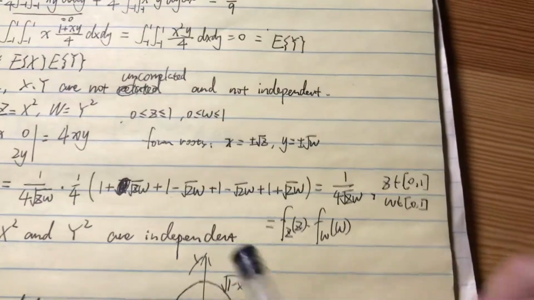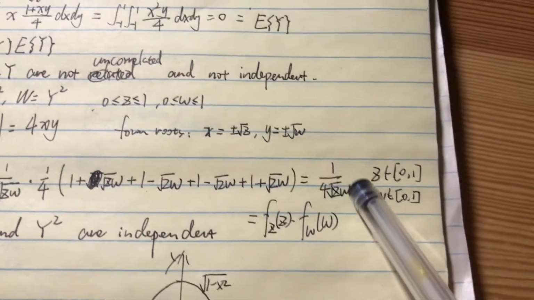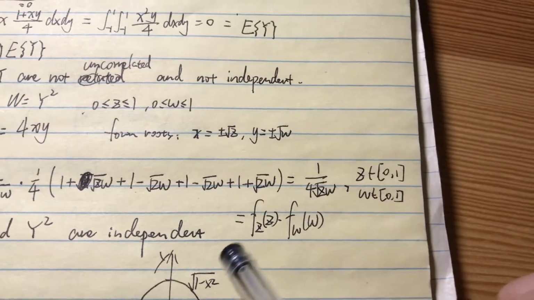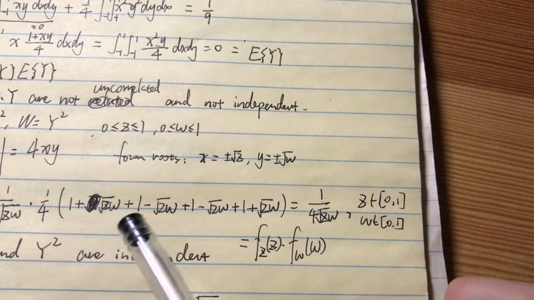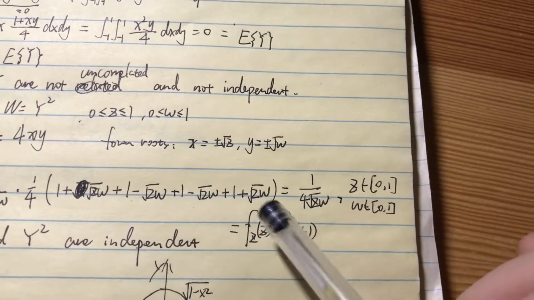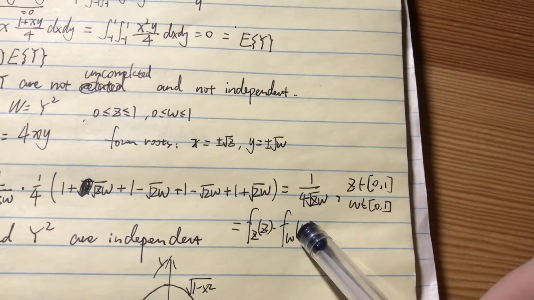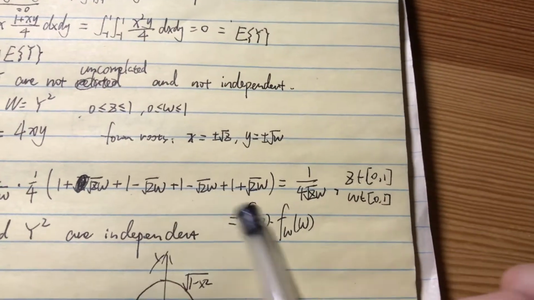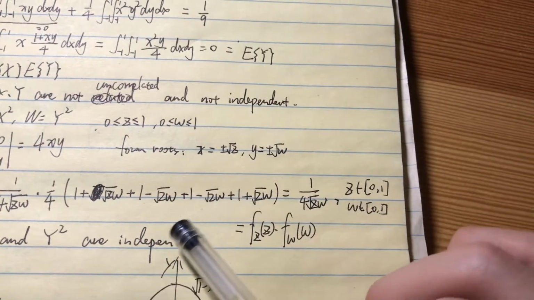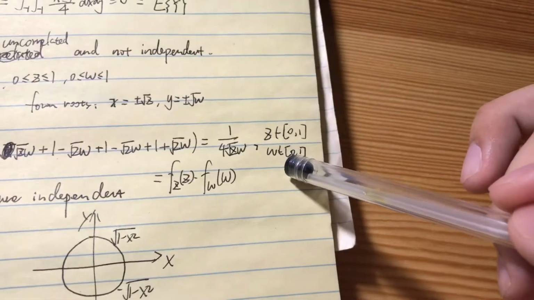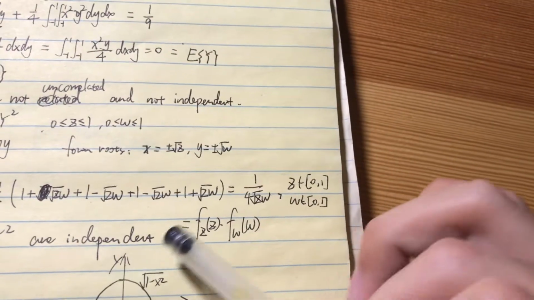And we might notice that this term is exactly the product of the marginal densities of z and w, and it is easy to verify when you do the integral from 0 to 1 with respect to z and w.